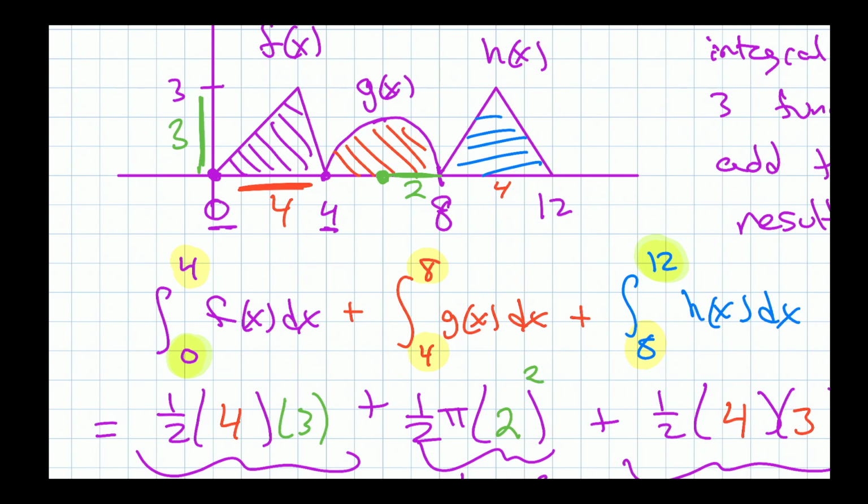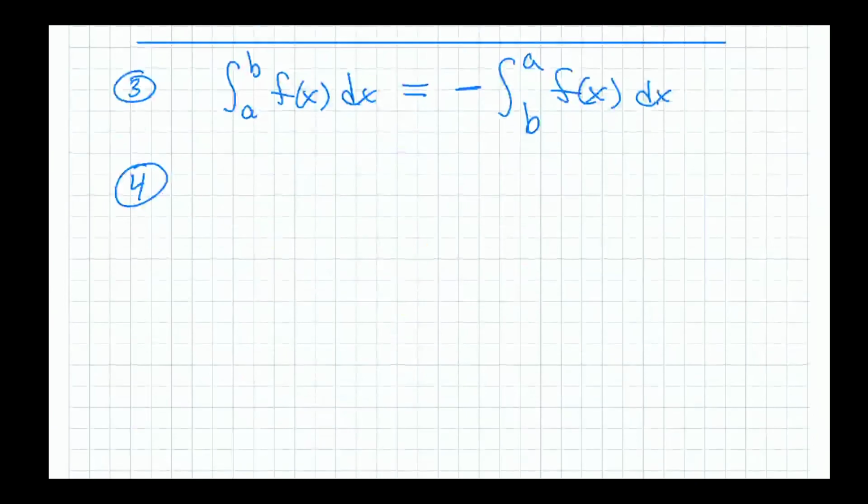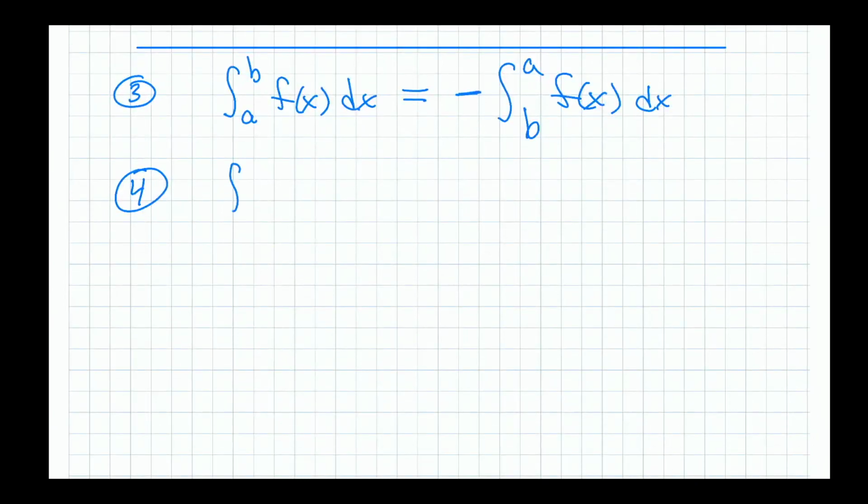Like I started at 0 and ended at 12. So all of this together is basically just the integral from 0 to 12. And that's a rule. So the rule is this. If you do an integral from a to b, and you add it to an integral from b to c, that's equal to an integral from a to c.